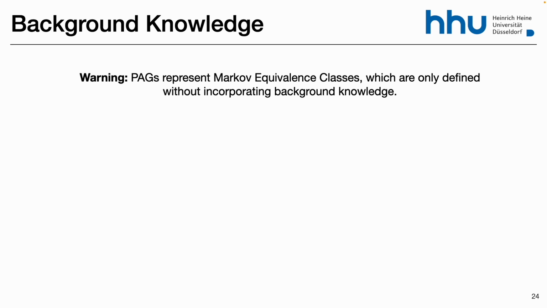So most of the algorithms that deal with PAGs don't allow you to incorporate background knowledge. There is no complete algorithm that allows you to do causal discovery with background knowledge.